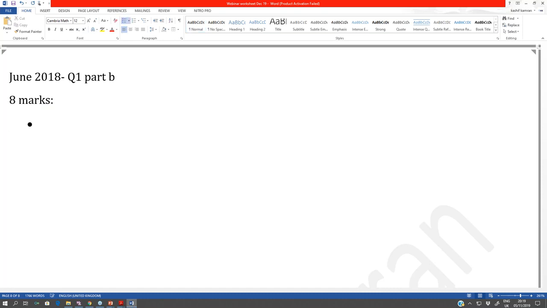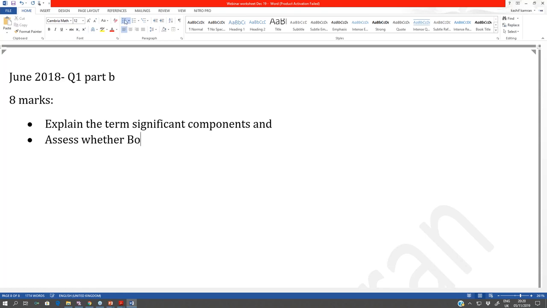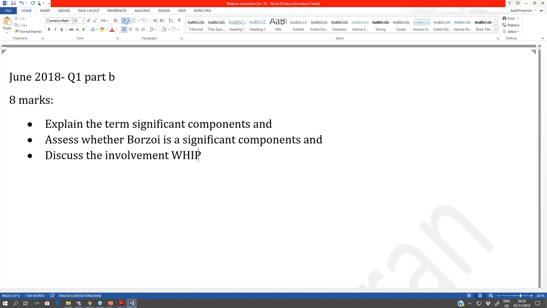Number 1, it says explain the term significant component and assess whether Borzoi is a significant component, and discuss the involvement Whippet will have in the work of Saluki.